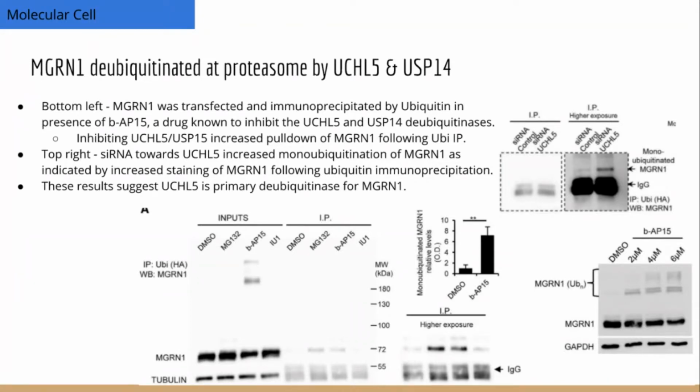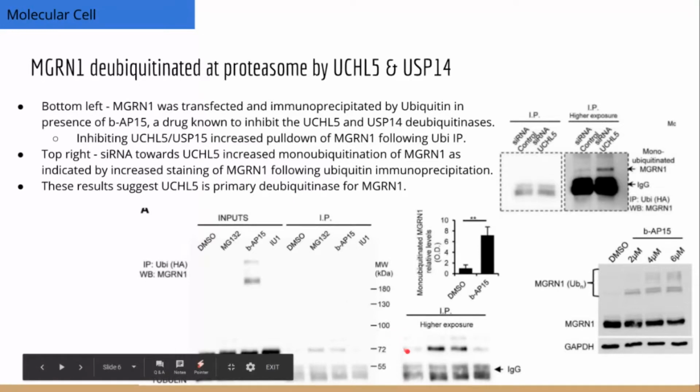So on the bottom left, we see the results of an immunoprecipitation of ubiquitin, followed by staining of MGRN1, in the presence or the absence of deubiquitination inhibition by AP15. So we can see that when these proteasomal deubiquitinases are inhibited, the amount of MGRN1 that is ubiquitinated increases to a level that is comparable to MG132.